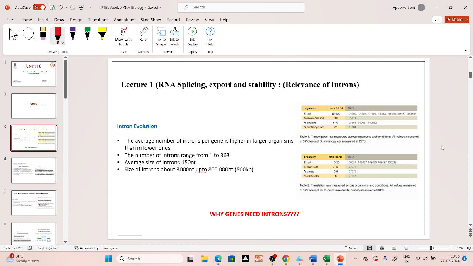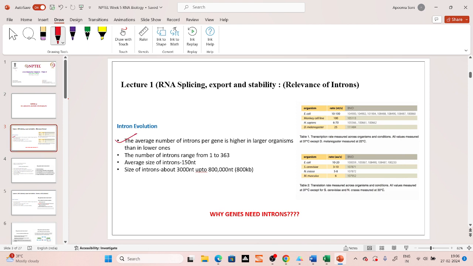So Homo sapiens are more complex than yeast, which is also a eukaryotic cell. Homo sapiens have a greater number of introns as compared to Drosophila or yeast or any other eukaryotic cell for that matter. So introns have evolved over a period of time, in a way that the average number of introns per gene is higher in larger organisms than in lower ones.